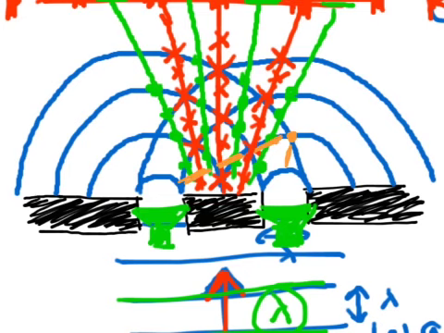So the path difference, in this case, is 2 wavelengths, which is a whole number of wavelengths path difference.